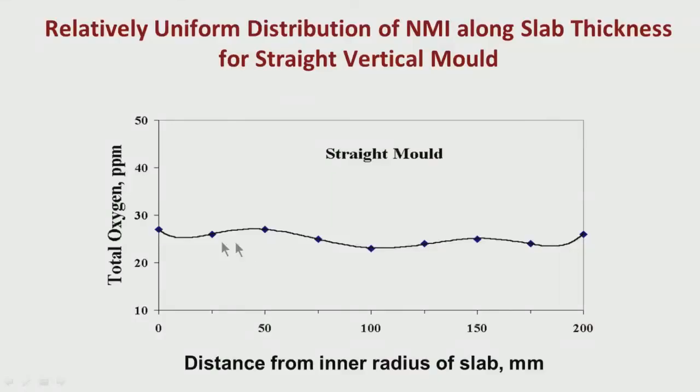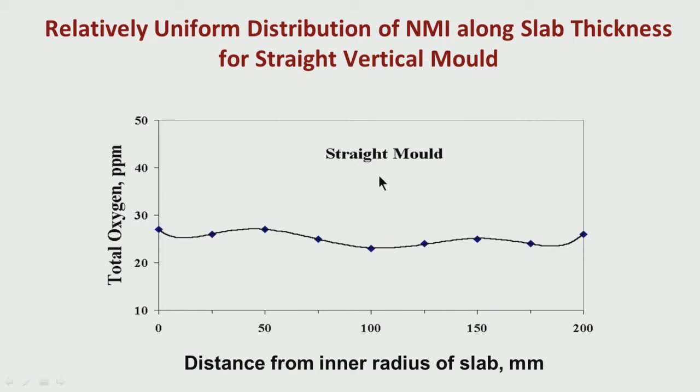So in the slab, initially at the surface, then at every 25 millimeters, we have taken samples and analyzed total oxygen. How we measure total oxygen, I have discussed earlier.